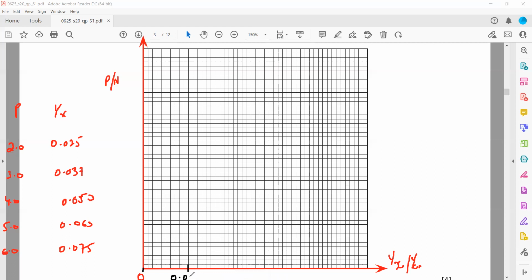So if I select this as 0.02, this as 0.04, this as 0.06, this as 0.07, then this will be 0.08. So 10 boxes equals 0.02. Each box is 0.002.